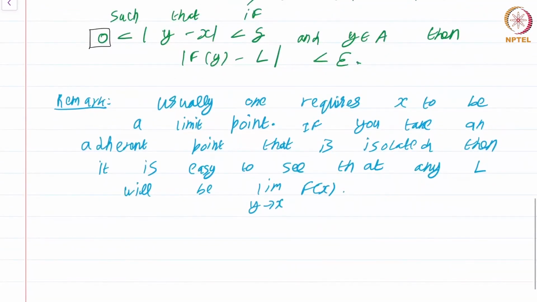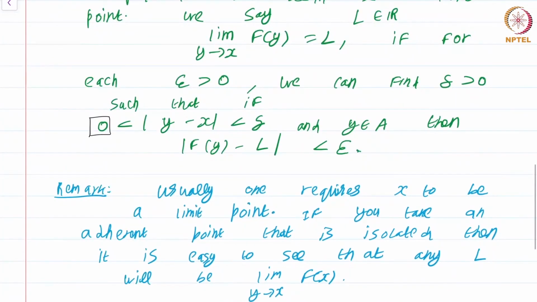Well, just think about what is happening. If you take an isolated point of the set A, that means nearby there are no points of the set A. That is, there is some neighborhood of this point which is not an element of the set A. That means this definition, when you say we can find delta greater than 0 such that if 0 less than mod y minus x less than delta and y in A, there is no such candidate point y in A. Therefore, this definition will be vacuously satisfied for any L. Okay, so we will also do the same.